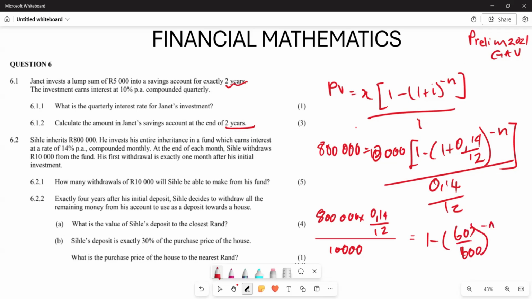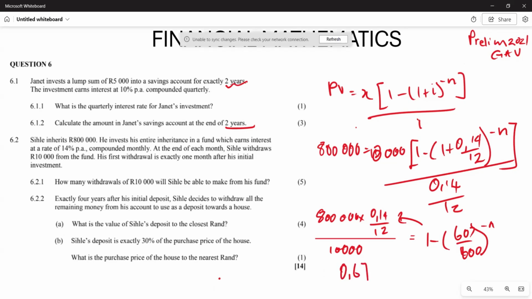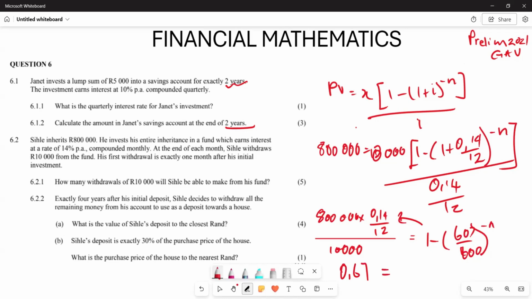Then after that you are going to transpose this one, right? So when you subtract this one from here, the value that you are going to get is the same as 0.67, right? So this is going to be the same as 0.67. And then now what is it that you're going to have here? So this is negative 0.67 is 607 over 600 to the power of negative n.